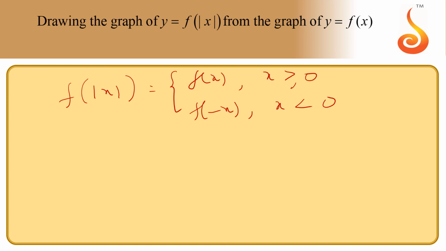So what we have to do? The graphs of f of mod x and f of x would be identical in the first and fourth quadrants, where x is greater than or equal to 0. And the graph of f of mod x would be symmetrical about the y-axis, as mod x is an even function.